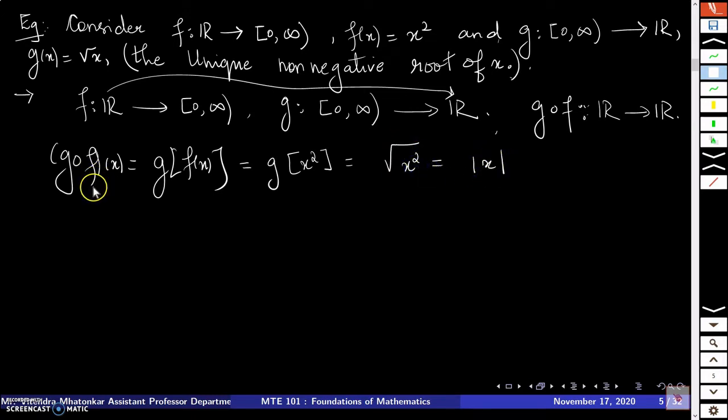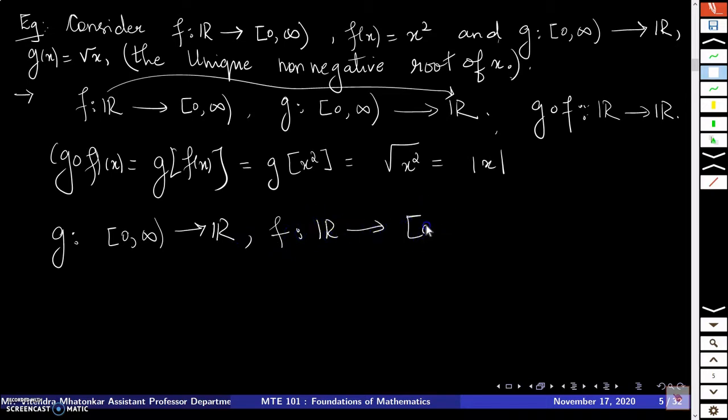Now talking about f composite g, g is a map from [0, infinity) to R, right, and f is a map from R to [0, infinity). So the codomain of g is the same as the domain of f, so I can talk about f composite g, and that will be a map from [0, infinity) to [0, infinity), right?